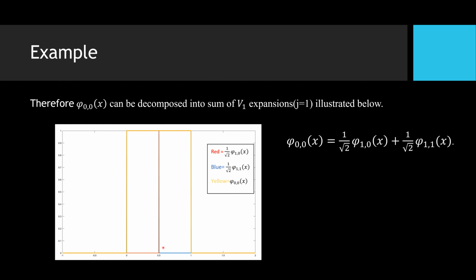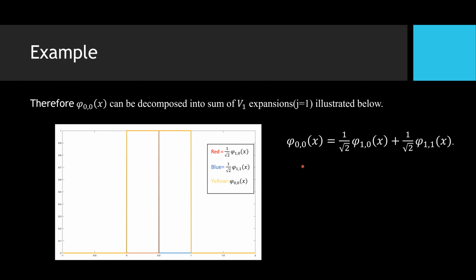That's what you are seeing here, and we have taken the simple sum, and the sum is coinciding with psi of 0 comma 0 of x. That means this equation is correct.